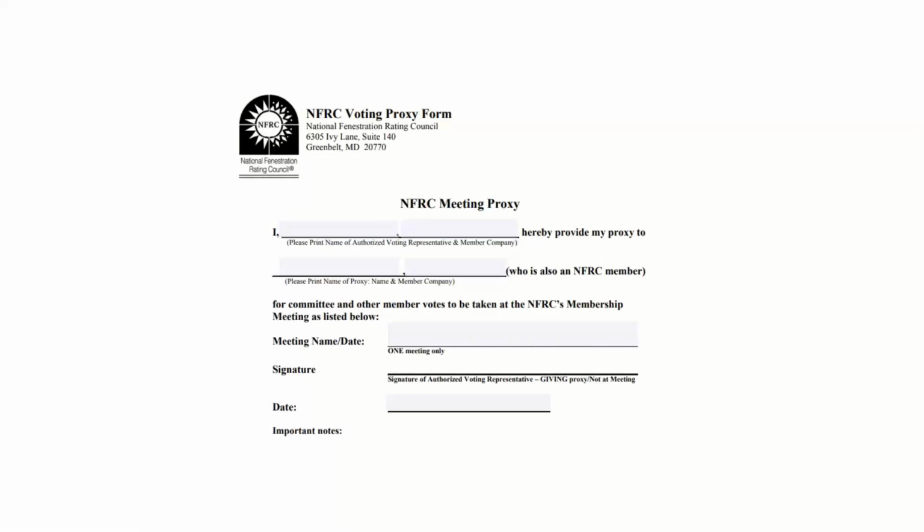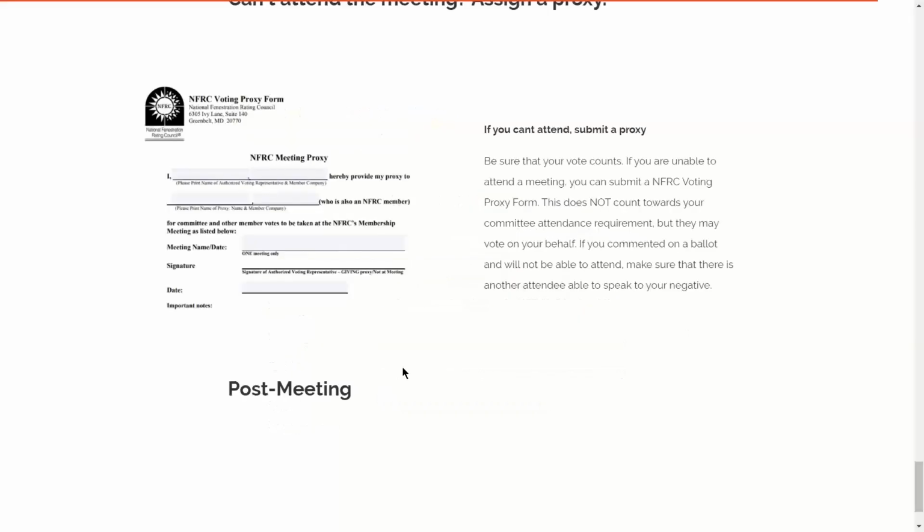If you cannot make the meeting, we highly recommend that you reach out to another member company and assign them as your proxy. This will also definitely help if you have a negative, so someone can speak on your behalf about your negative. It's very, very important if you cannot make a meeting and have specifically sent in some negatives.